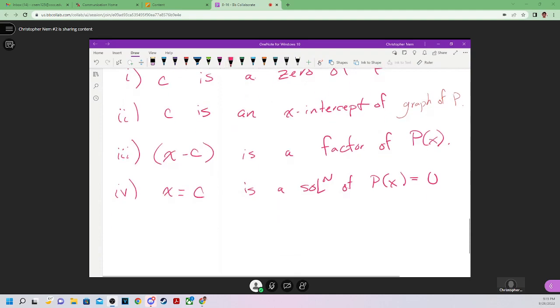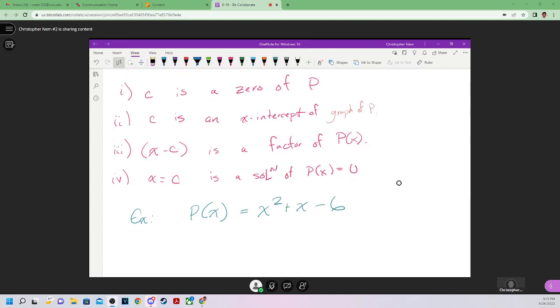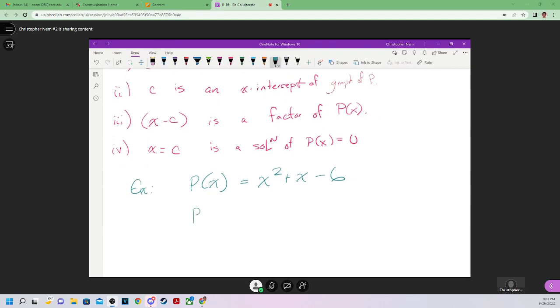So let's take an example of what I mean. If one of these is true, all of them are true. I'm not saying they're true until one of them is true. So let's take an example. P of x equals x squared plus x minus 6. Let's take a generic polynomial expression. Well, if I factor this out, I could say P of x equals x minus 2 times x plus 3.